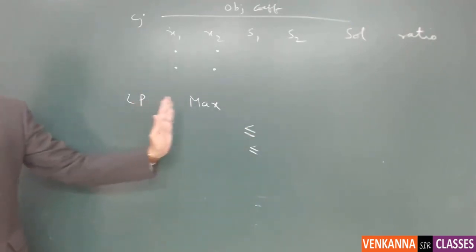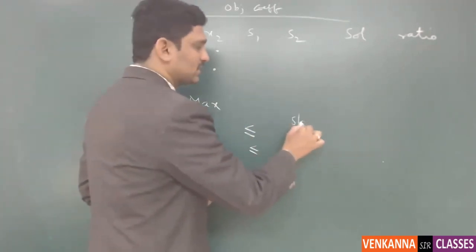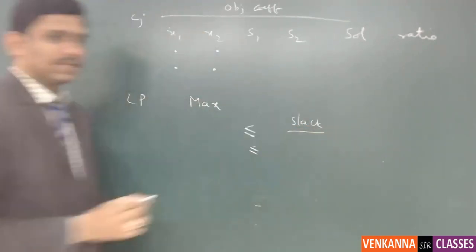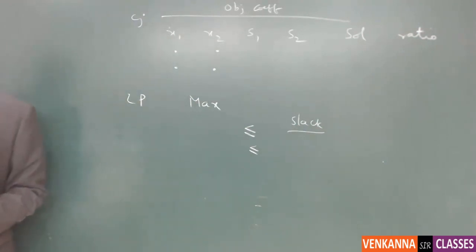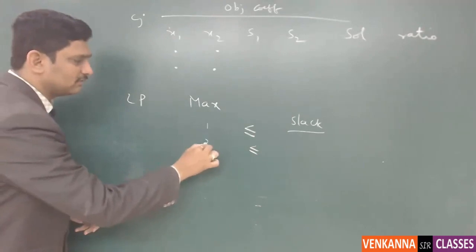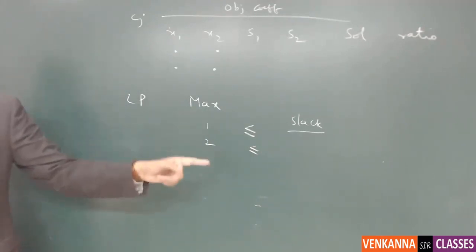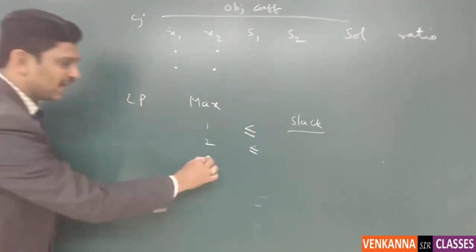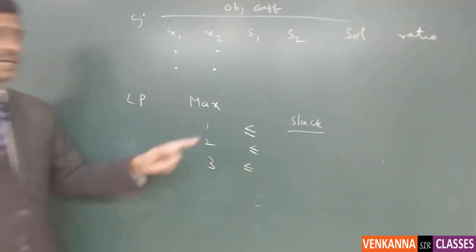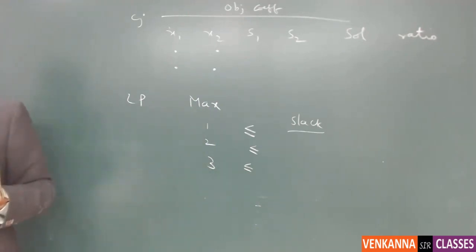To balance the inequality, I am introducing slack variables. Accepted? So if I have two constraints here, I will get two slack variables S1, S2. If I have three, I will get three slack variables S1, S2, S3. Accepted?